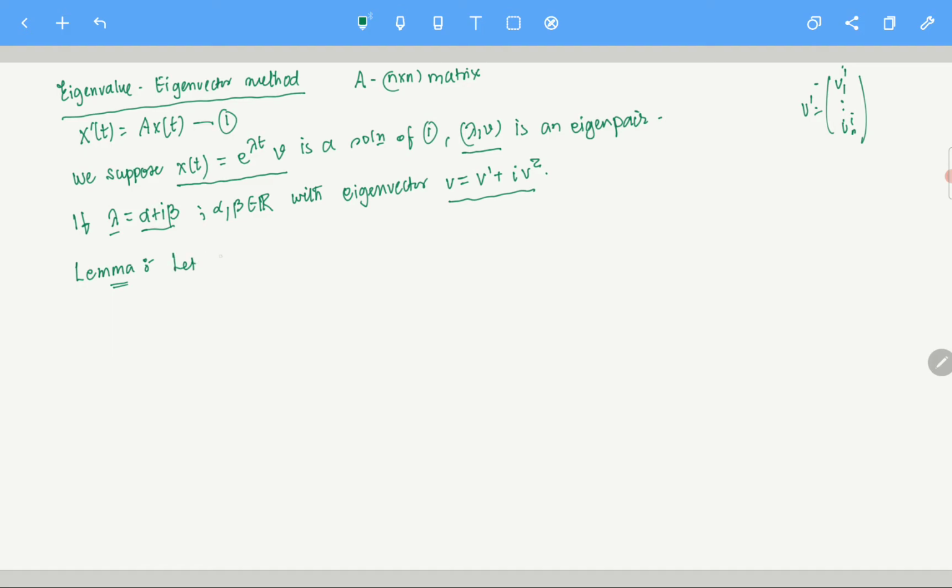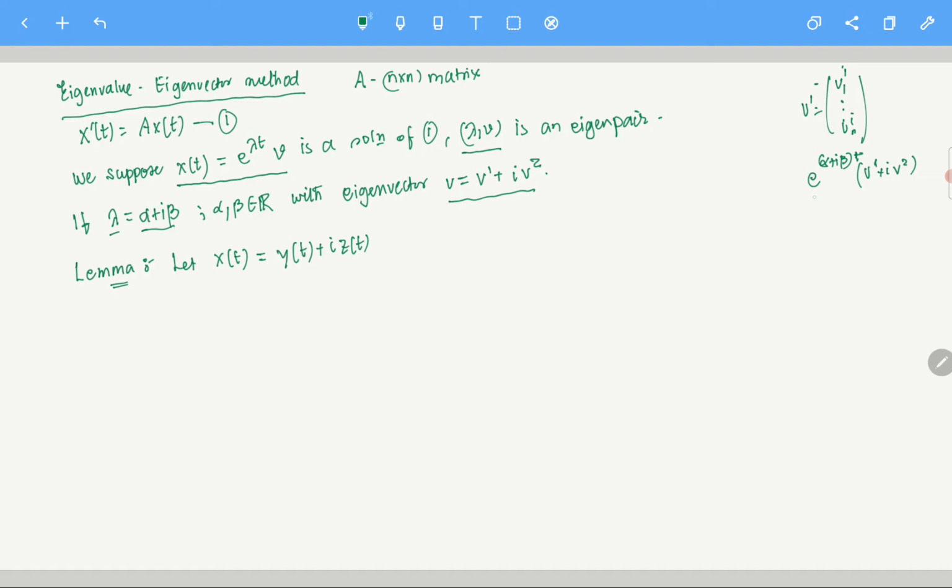Let x(t) be some function which is y(t) plus i z(t). Why am I writing it like this? Essentially x(t) will look like e^((α+iβ)t) times v, where v is v¹ plus i v². It will look like this.